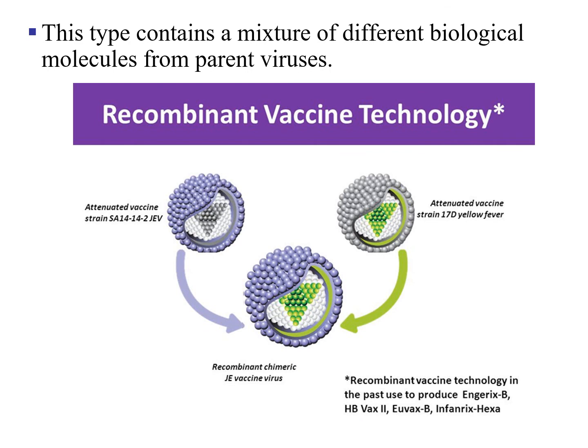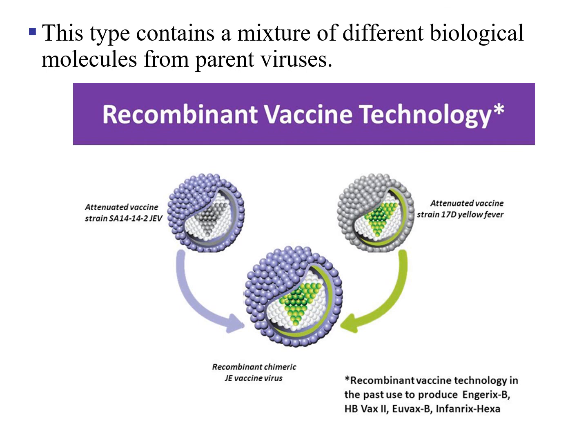This type of vaccine contains a mixture of different biological molecules from parent viruses. In this picture, we see an attenuated vaccine from strain SA14-14-2, and we have another one, strain 17D yellow fever. So chimeric is when you combine organisms.